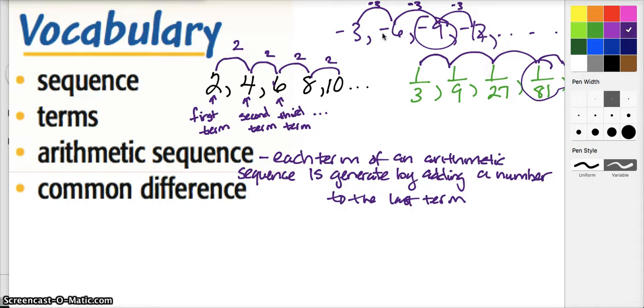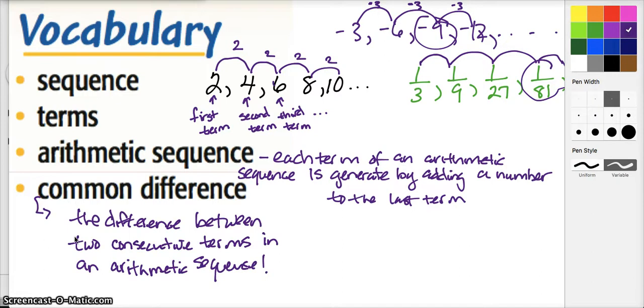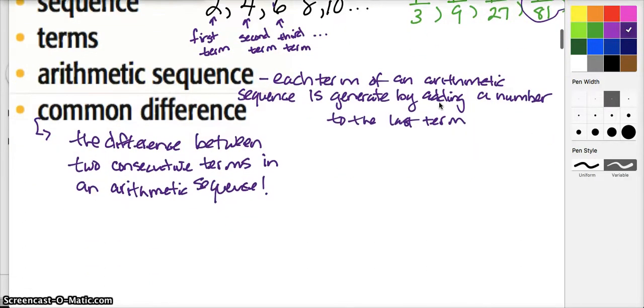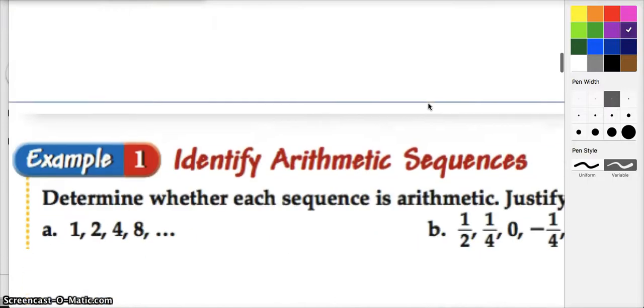The common difference in this sequence is -3. So the common difference is the difference between two consecutive terms in an arithmetic sequence. This one doesn't have a common difference, and it is a different type of sequence, called a geometric sequence, but we'll talk about that at a later time.